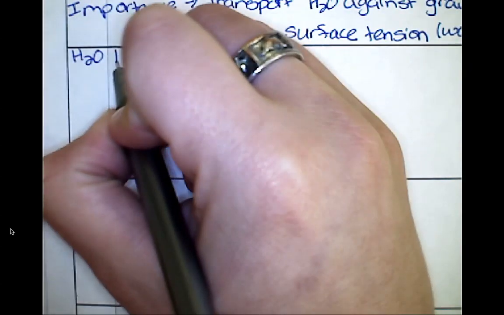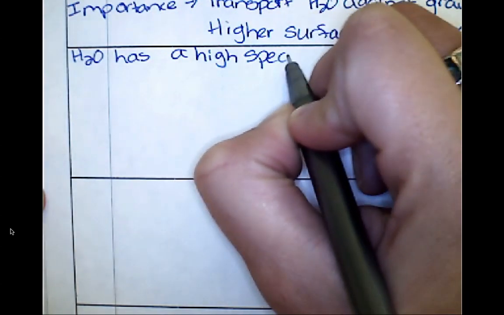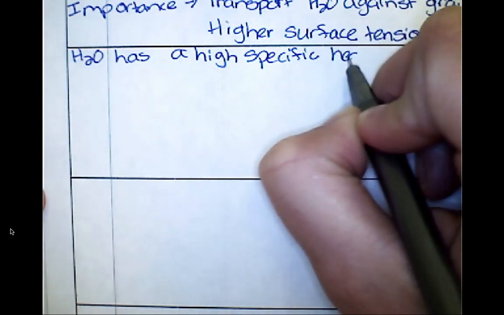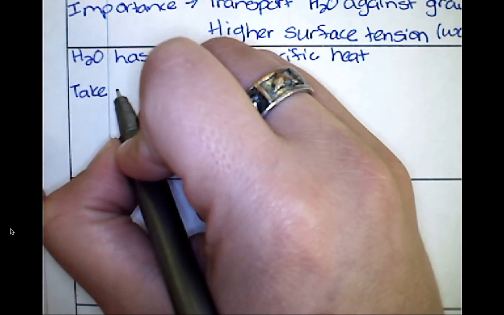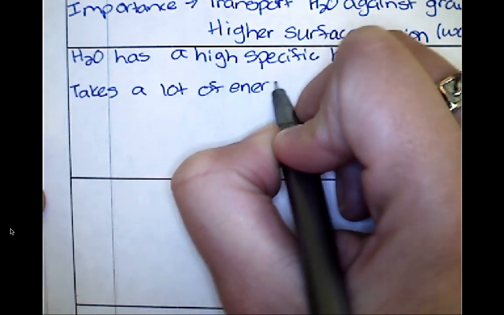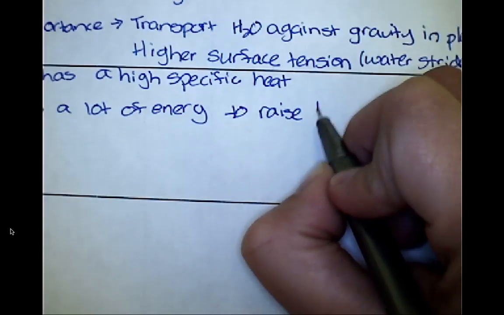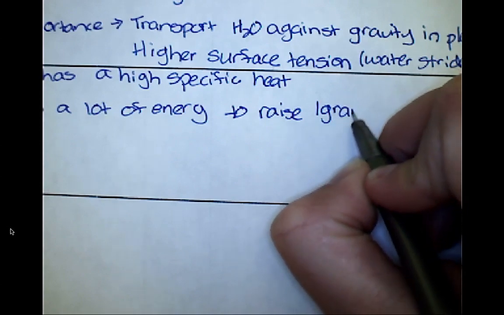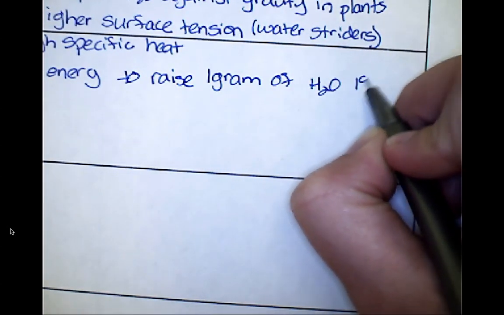Okay. A second property of water is that water has what we call a high specific heat. Basically, what specific heat means is that it takes a lot of energy to raise 1 gram of water 1 degree Celsius.